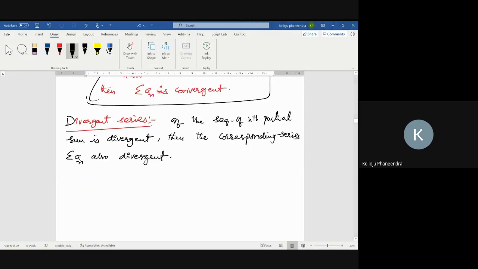So what is the meaning of this mathematically? That is, if the limit of Sn, the sum of the first n terms, is equal to either plus infinity or minus infinity, then sigma an is divergent.